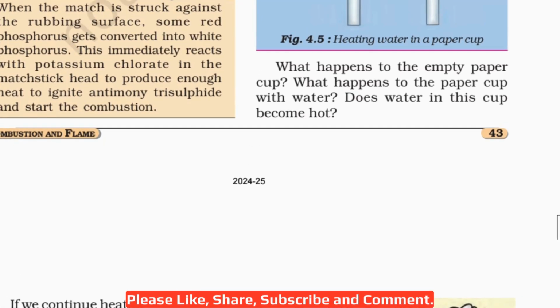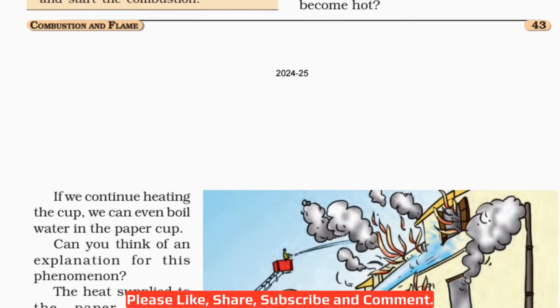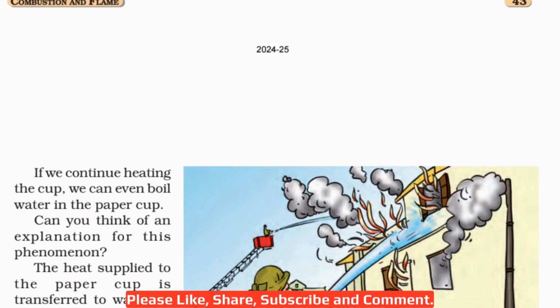Now see, when we place the empty cup over the flame, it will immediately catch fire, because paper has a low ignition temperature and just by heating a little it will start burning. But the other paper cup which has water inside it, if we continue heating, we can even boil water in the paper cup.